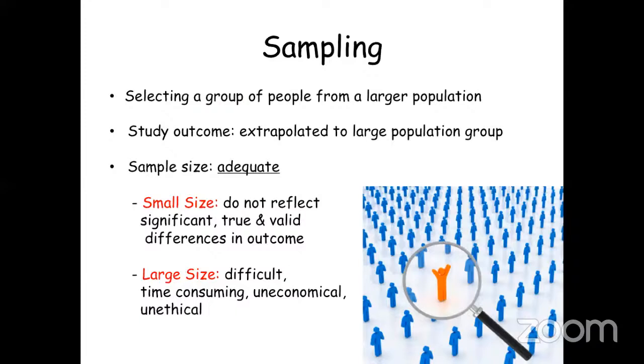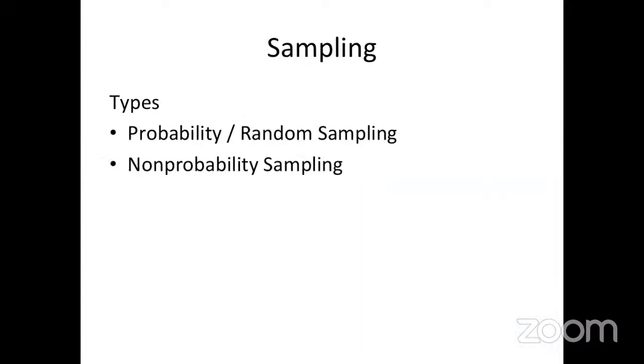You select a sample from that large population group and see that it is adequate in size. If it is small, it does not reflect the true and valid differences in the outcome. If it is large, many times it becomes time consuming, uneconomical, and unethical. So it's very important to assess the proper sample size.